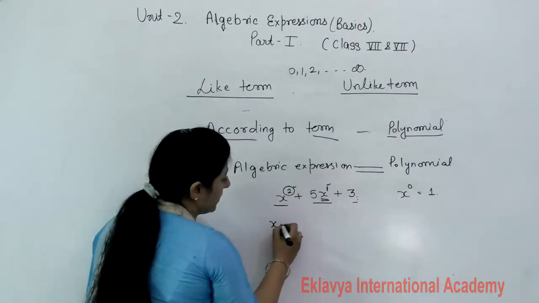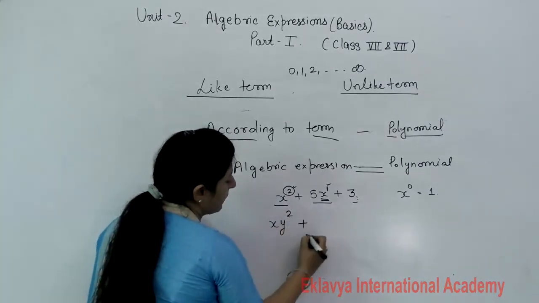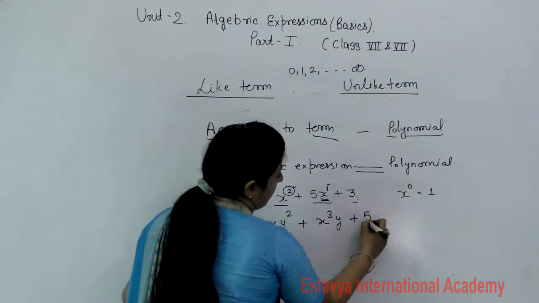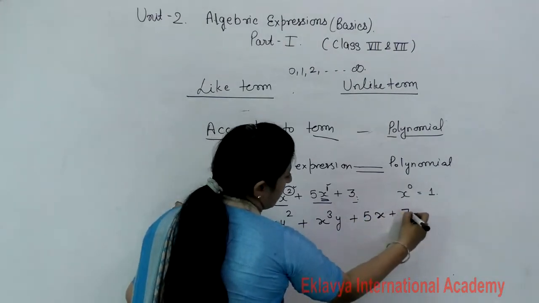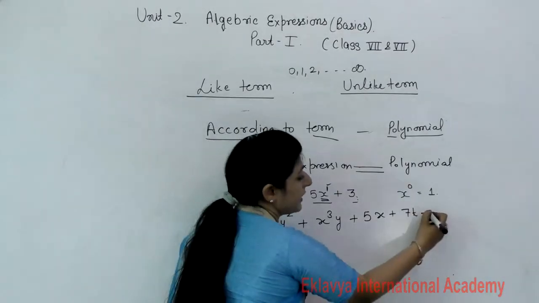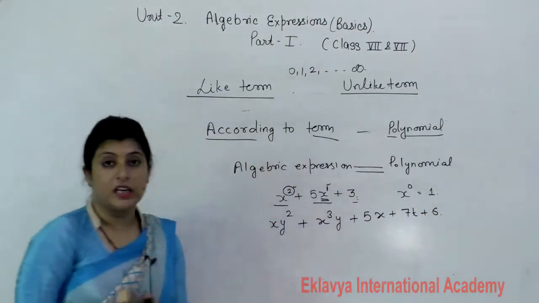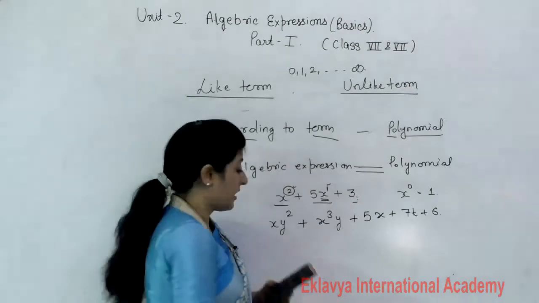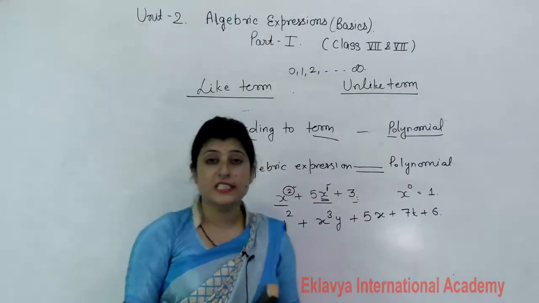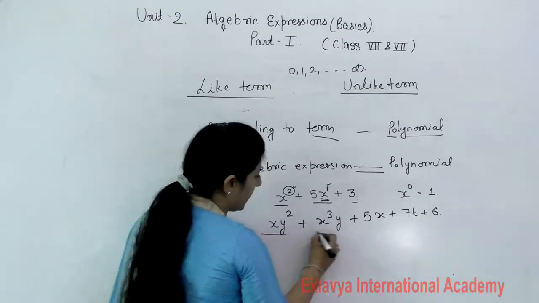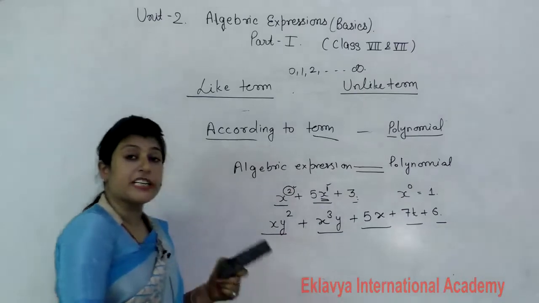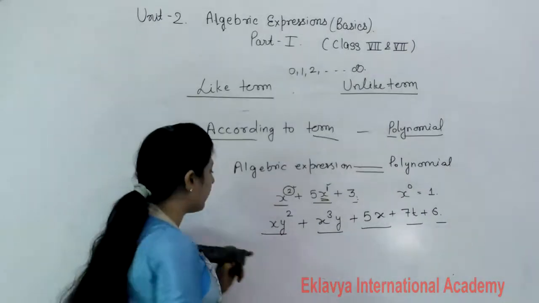Suppose I write down x y power 2 plus x power 3 y plus 5x plus 7, or maybe 7t plus 6, like this. Now check all the terms. 1, 2, 3, 4, 5. How many terms are in this? 5. Now check in each term the power of the variable.